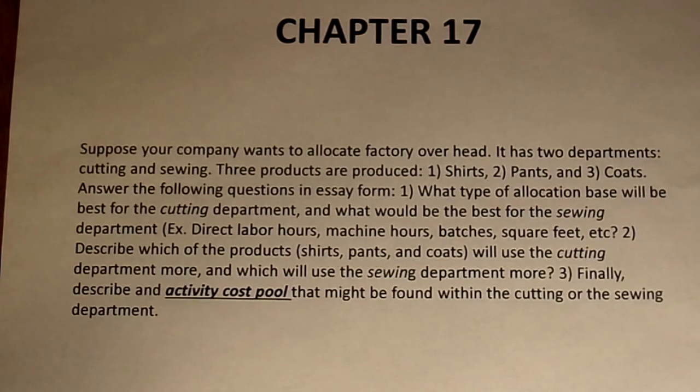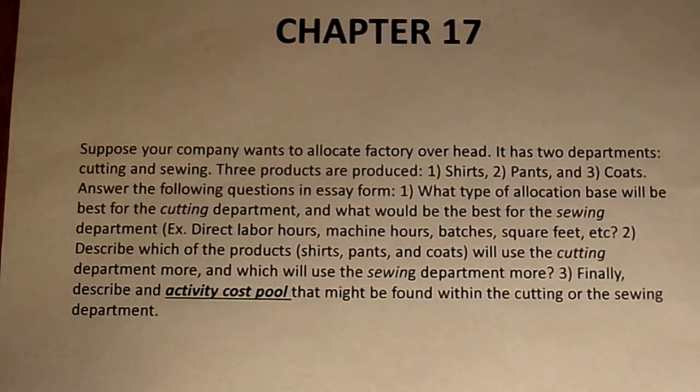Classic examples given in the text are direct labor hours, often an activity base. Remember that they were an activity base in your case study. Machine hours, batches, or square feet. The second question, describe which of the products, shirts, pants, or coats, will use the cutting department more and which will use the sewing department more. So, the important thing here is to answer and to have good logic.